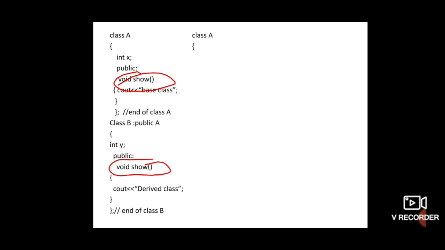See here, again class A, same int x, then public void show, begin, out base class, end of show function, end of class A. Now see here, the virtual keyword is used, and where is it declared? In the base class.